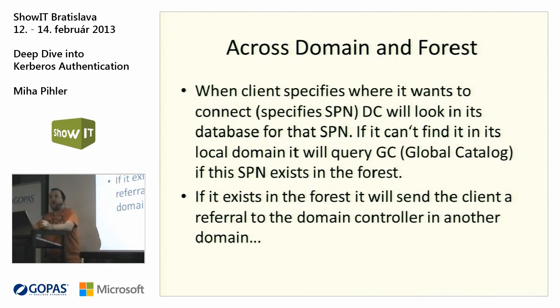If it can't find it in its own domain, it will query the global catalog. The global catalog knows all the SPNs inside the forest. If it finds the SPN that we are looking for in the forest, it will send a referral back to the client, and it will tell the client, go and talk to this domain controller in that domain.